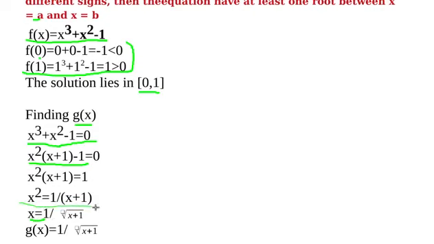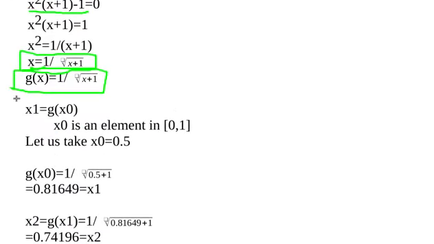So now our equation is in the form of x equal to. This is our g of x. So g of x will be equal to 1 by root of x plus 1. In the next iteration, we will find the value of g of x0, that will be our x1.